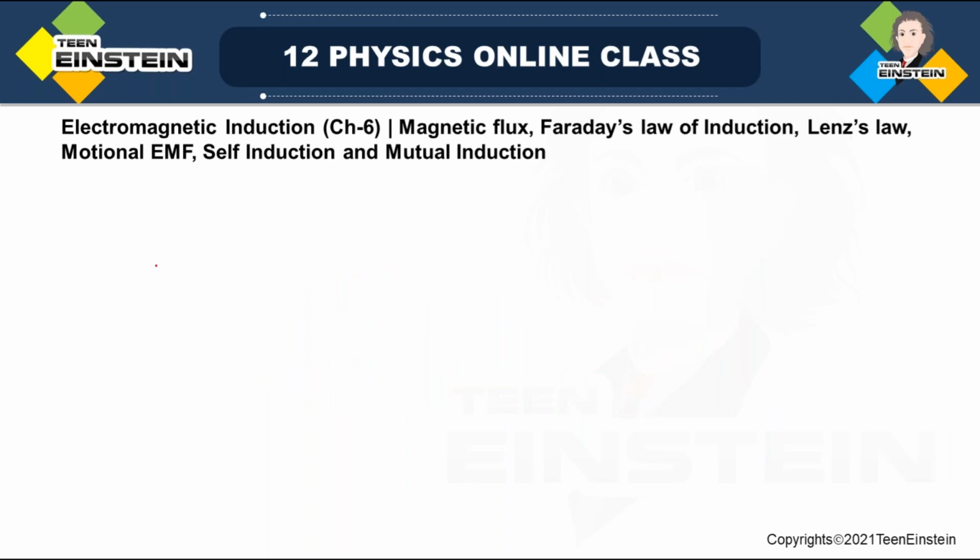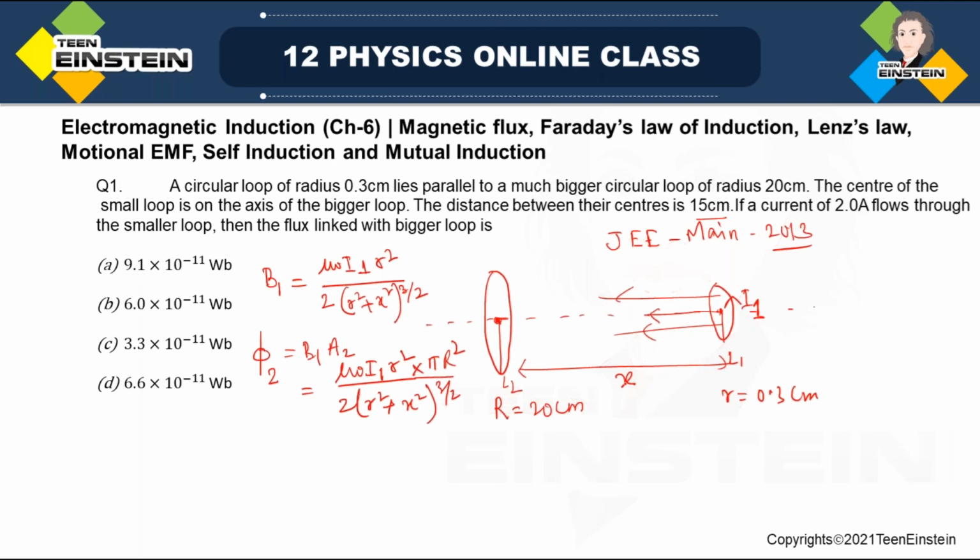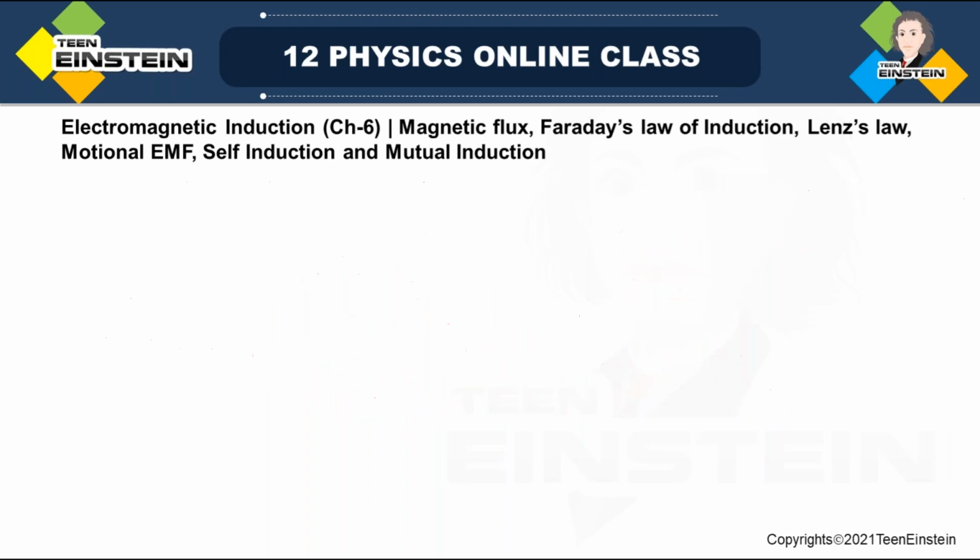Similarly, if we want to find out, okay, let us see, this x distance is given, right? The radius is given, this radius also given, then it is easy to find out the flux from here itself. We can just do it.